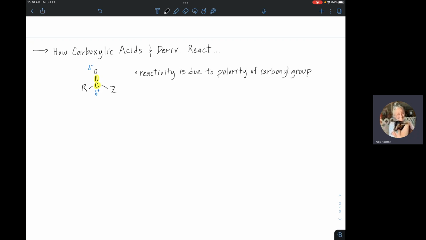So when your carbonyl carbon is attacked by a nucleophile, and I'll just put Nu, the pi bond breaks.